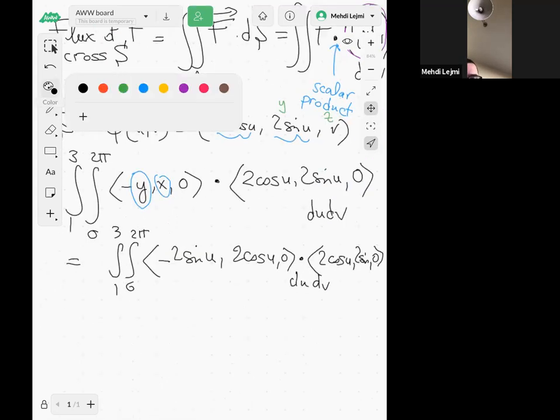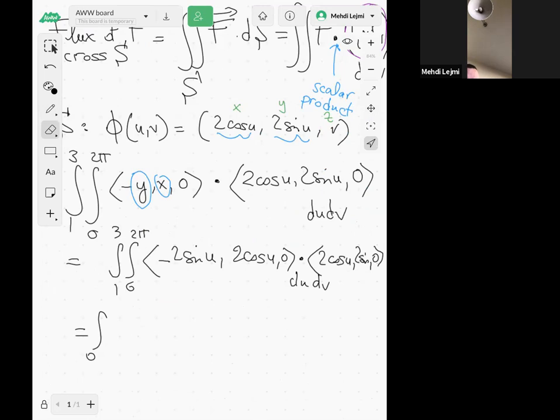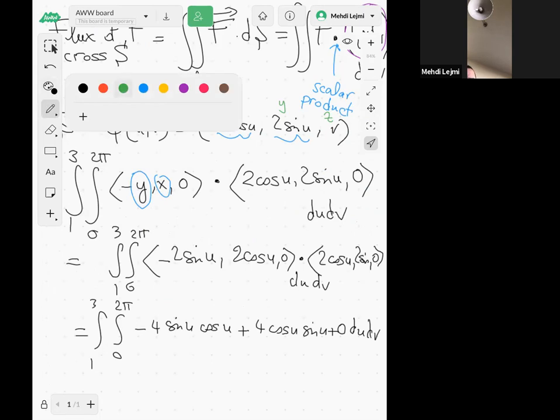Actually, the answer here is very easy. It's going to be just 0, right? So this is 1 to 3, from 0 to 2 pi. And then we have the scalar product. You know, guys, how to do the scalar product. So this is minus 4 sine of u cosine of u, plus 4 cosine of u sine of u, plus 0, du dv. And of course, this thing here cancels out. So this is just equal to 0. And that's the answer.